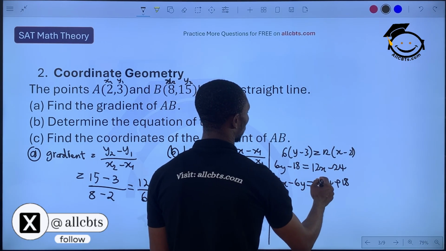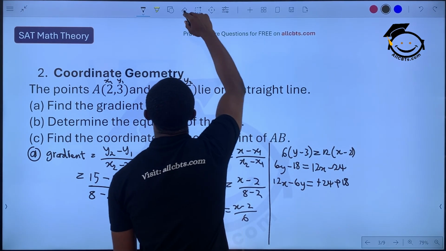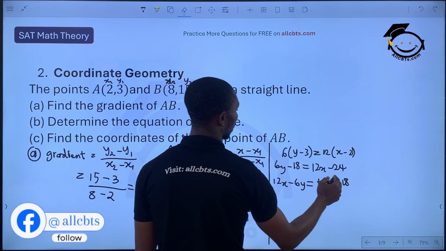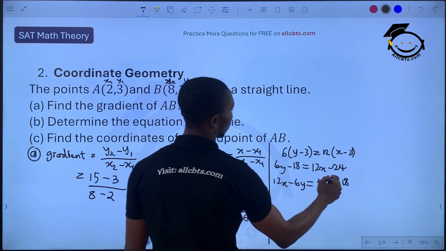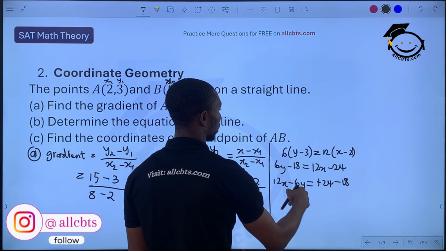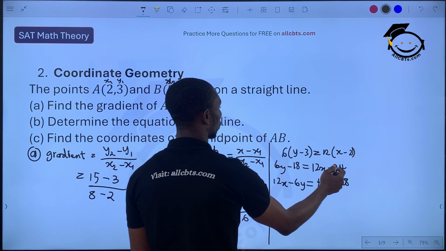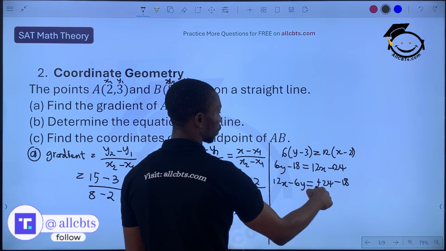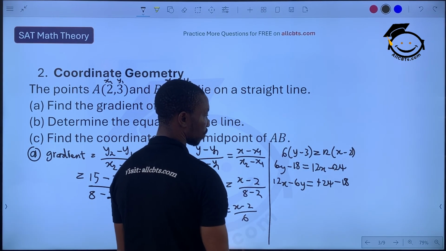Okay, that would be plus 24 minus 18. So our positive 6y crosses over to become minus, and our negative 24 crosses over to become positive.